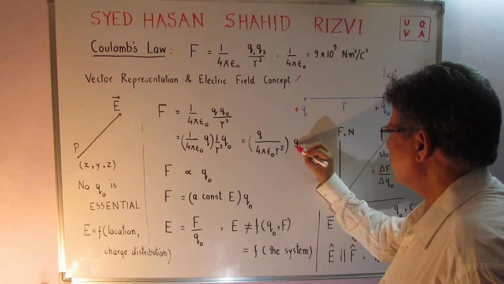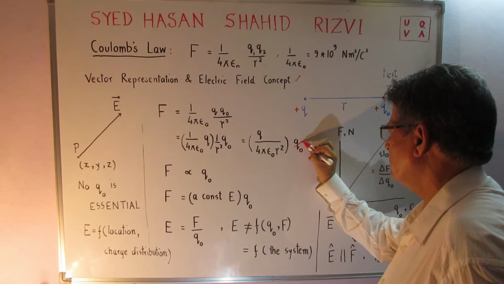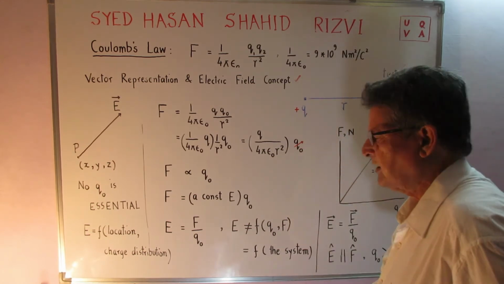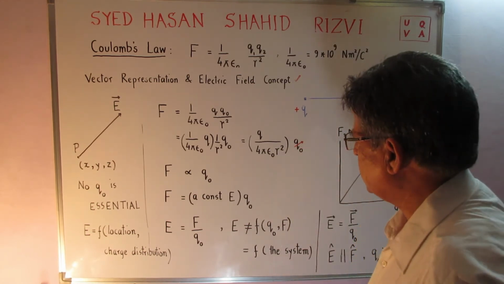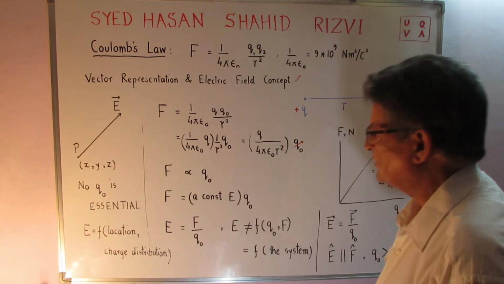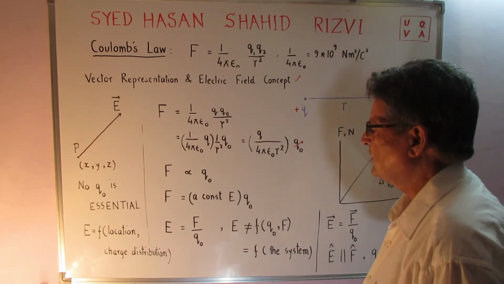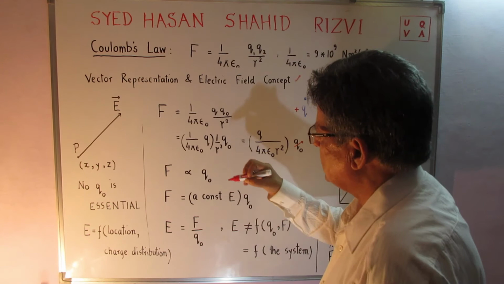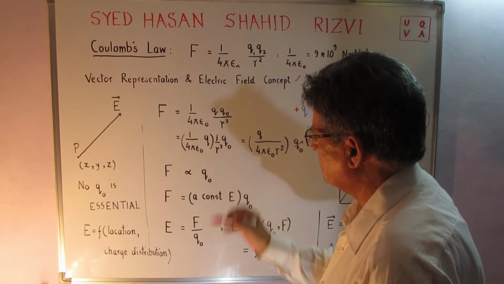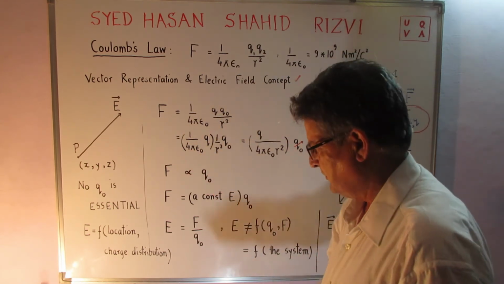Now what we find is that if we make the Q naught variable, still keeping it as positive, a very small, maybe infinitesimally small charge, then I can say that F is proportional to Q naught. It's very simple.